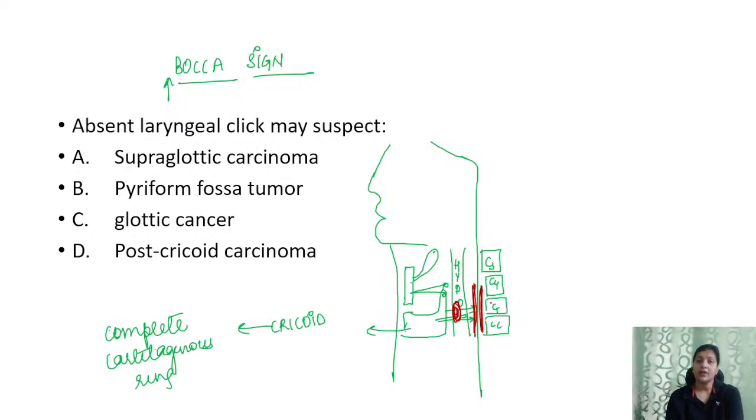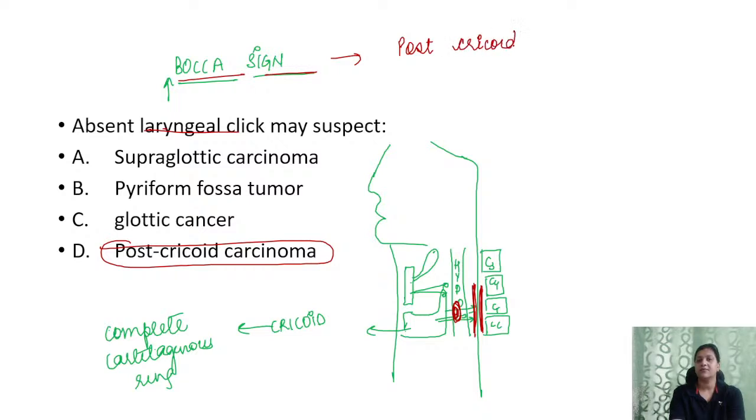So when you do not get that crepitus, we call that sign Boca's sign, which is absent laryngeal click or crepitus, which is seen in post-cricoid carcinoma. It is also seen in retropharyngeal abscess or prevertebral abscess.